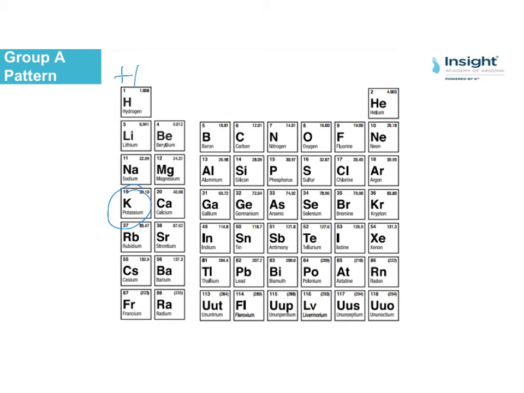So if you remember, 1A, 2A, and these are way over on the left side of the periodic table. There's a whole bunch of the periodic table here that got chopped out, the transition metals. After the transition metals, this pattern picks back up.